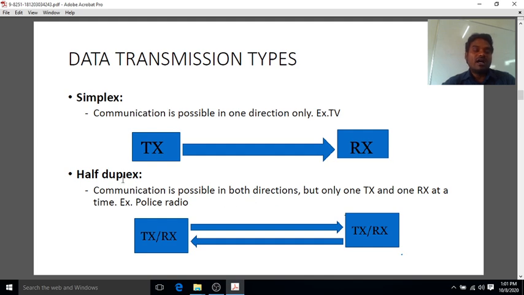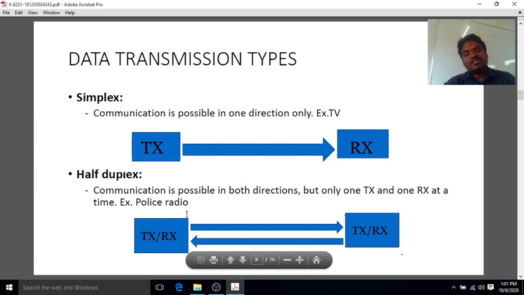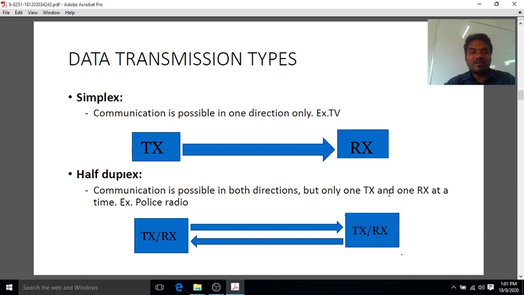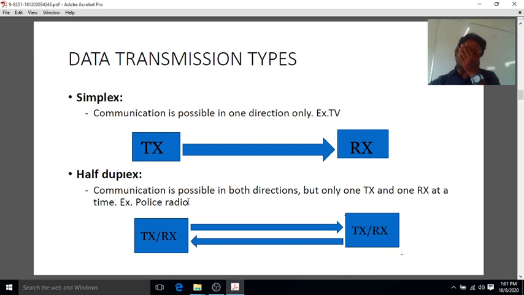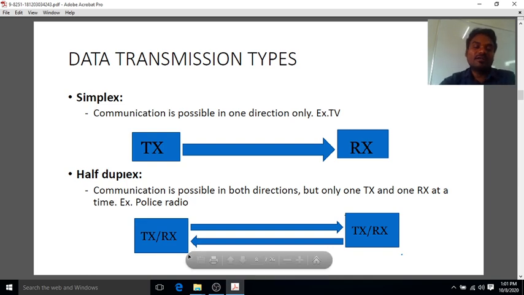Coming to the half duplex, next one, communication is possible in both directions, but only one transmitter and one receiver at a time. This is the police radio, which is nothing but a walkie-talkie. One policeman holds one walkie-talkie, and another policeman holds another walkie-talkie.